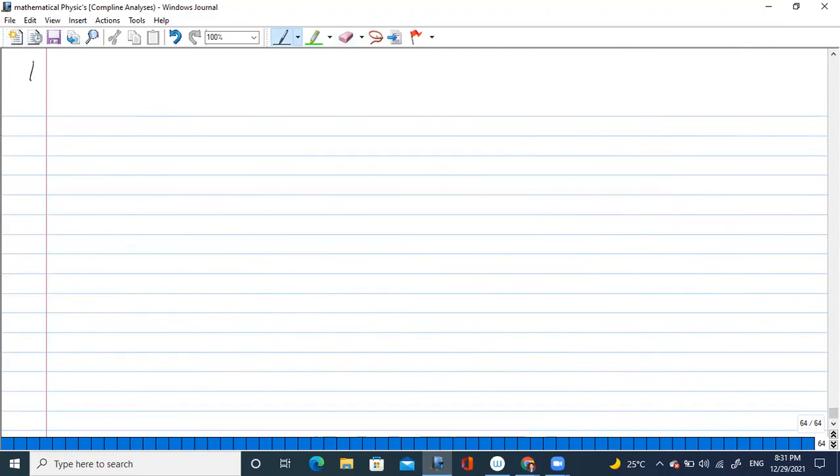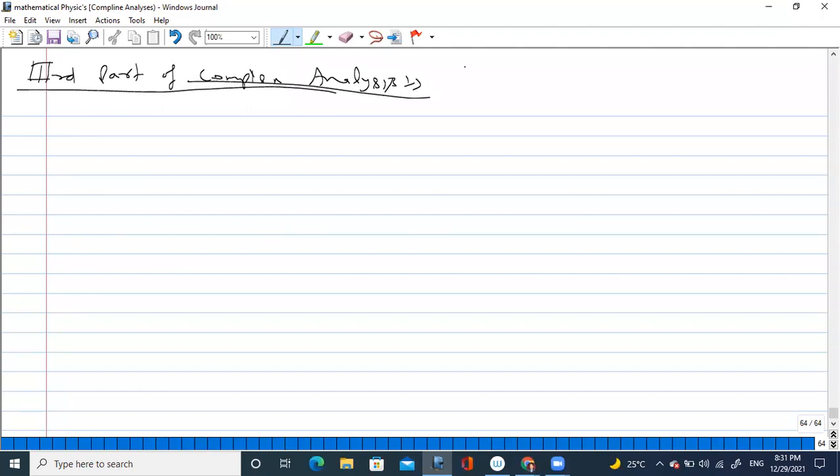Now it is the third part of complex analysis. In the third part, we will learn contour integration. To find out the contour integration, we know the Cauchy integral formula.